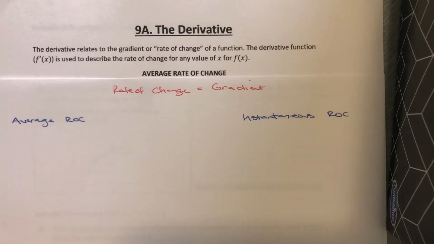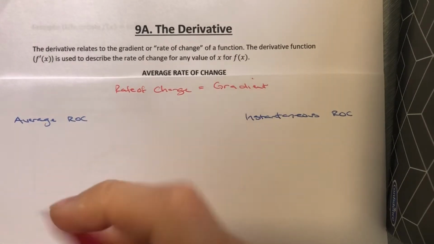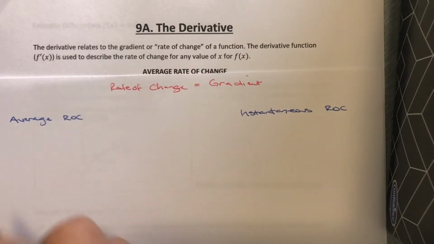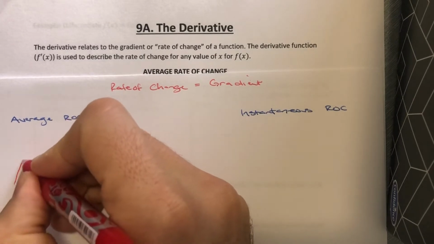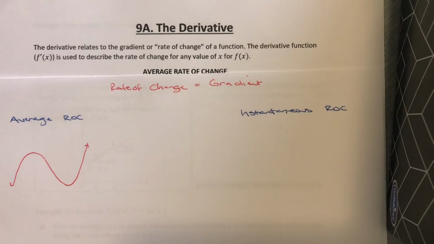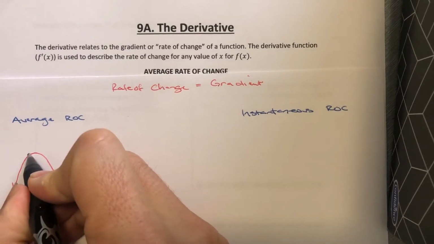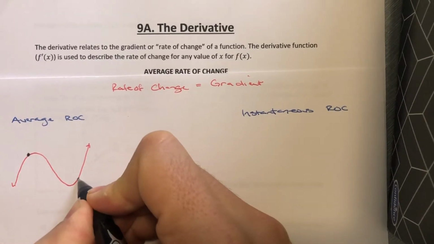Okay, so average rate of change, that's when you have 2 points and you're finding the rate of change of the line that connects them. So often you'll be given a function. So I'll just draw the graph of one here. And it might say that you want the average rate of change between 2 points. So this can be a point that you've been given, and this can be another point that you've been given.